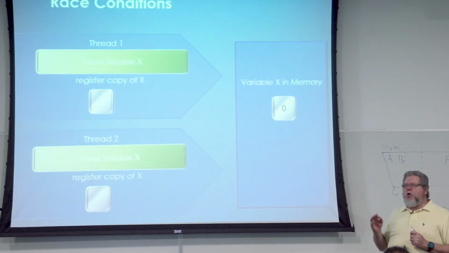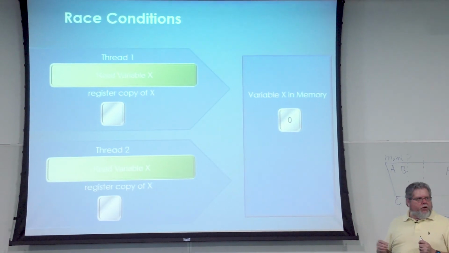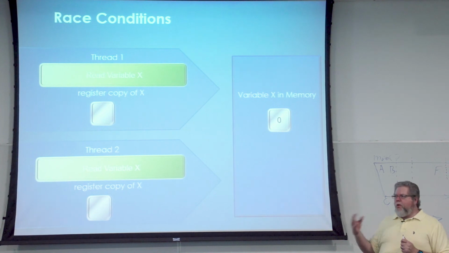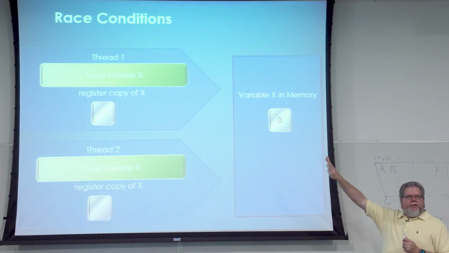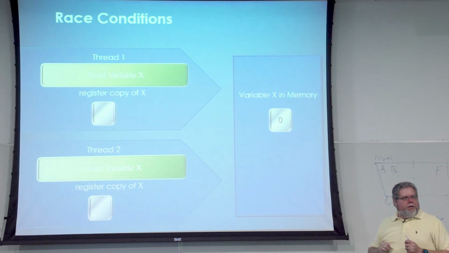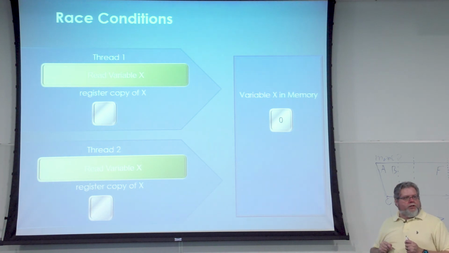You don't even have control over what order they'll start in. So if you write a program, you say, I want to launch thread 1, and then thread 2, and then thread 3, and then thread 4. They're not going to launch in that order. Sometimes the 3rd thread will launch first. Sometimes the 1st thread will launch first. Sometimes the 4th one. The order that they go in is beyond our control.